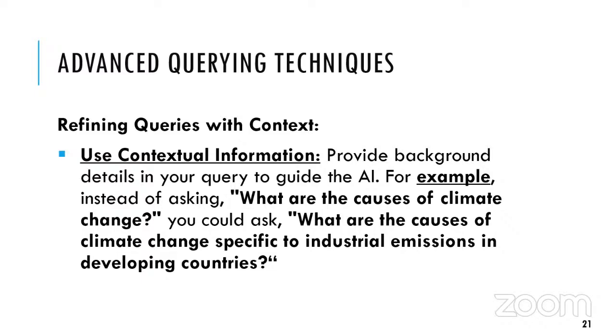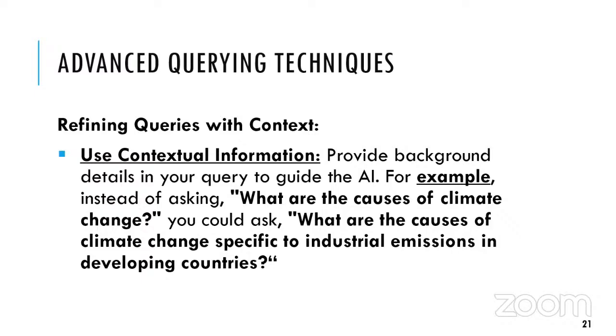Again, make sure you use contextual information. What do you mean by this? Contextualize the type of information you are looking for. Provide background details in your query so as to guide Perplexity AI on what exactly to bring up. For example, instead of asking, what are the causes of climate change?